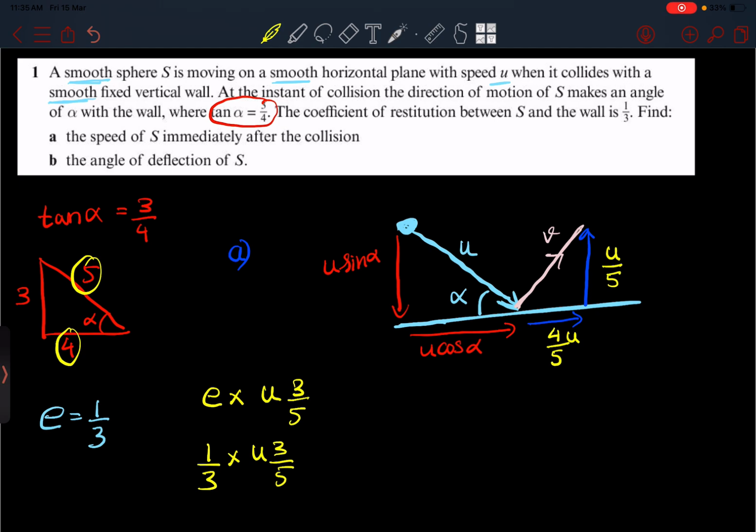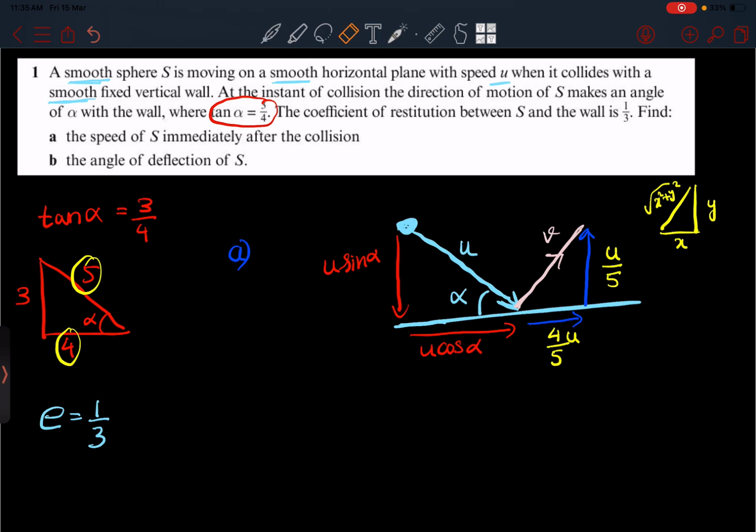If I think about this as a vector question now, I know what y is, I know what x is. So my vector would then be the square root of x squared plus y squared.